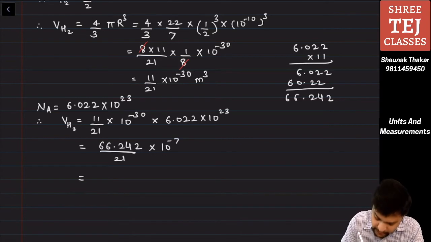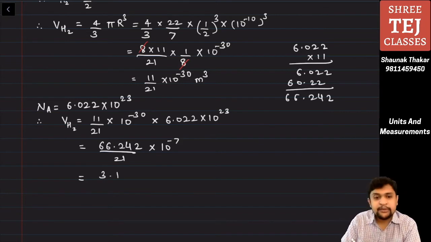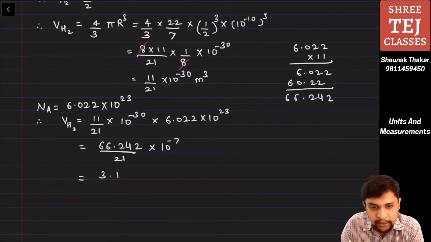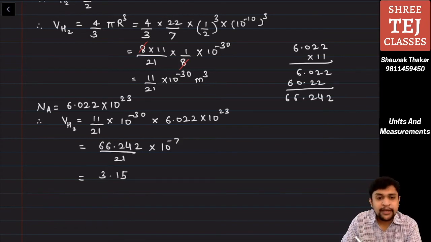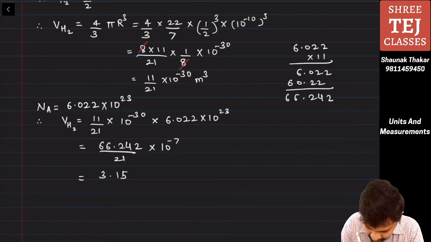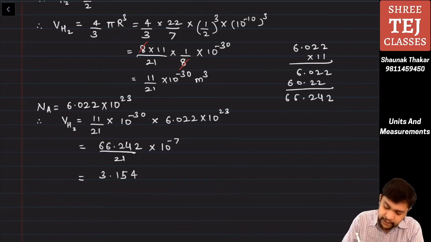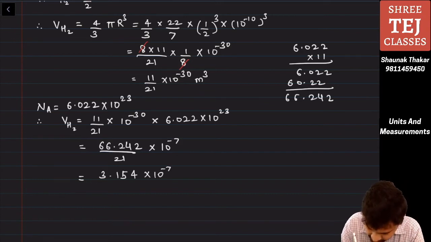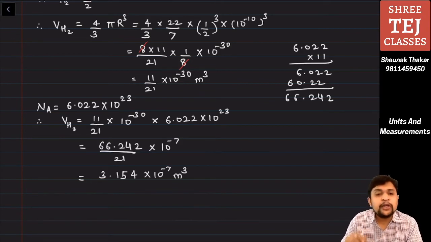So 21 3s are 63, 21 1s are 21, 11, 114 means 21 5s are 105, 92 means again 21 4s, into 10 to the power minus 7 meter cube. So this is the molecular volume of 1 mole of hydrogen molecules.